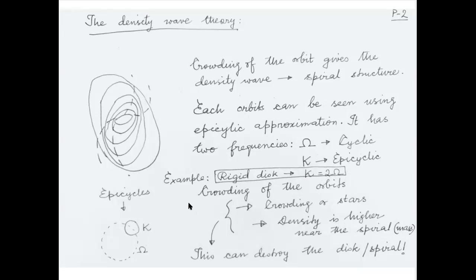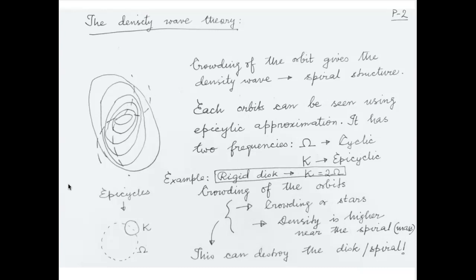Now, let me remind you, this crowding of the orbits means that there will be crowding of the stars, which means there will be more density of stars around these spirals, which also means that the matter density, the mass divided by volume, not the number density, will also be more. And what does that give rise to?